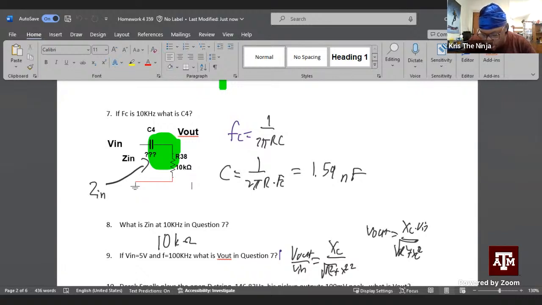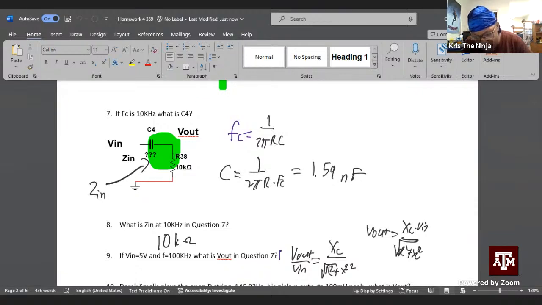That makes sense. It's 10 times smaller than the 10K. Then we square that value, 10,000 squared, and take the square root of the sum. Divide the 1,000 we found earlier by that square-rooted value, multiply that by 5, and we have V out equals 0.498 volts.